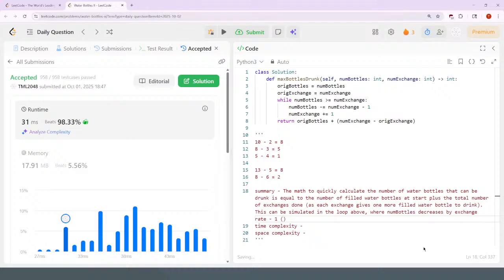Since, for example, if the rate is 3, give 3, get 1, so down 2 bottles. It's going to be similar for the answer count, and the exchange rate increments.